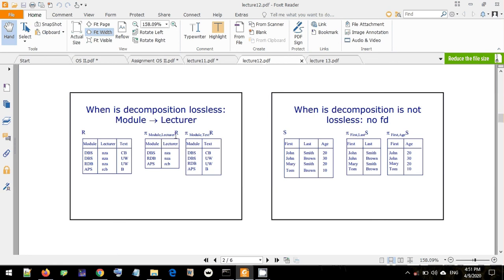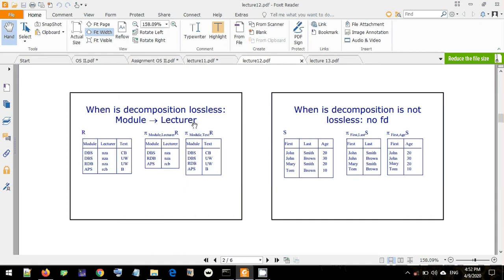Now, when we are projecting R on module and lecturer, we extract the two columns and place them out. When we perform the extraction, we notice that the very first tuples have the same data, and there is no need to repeat the data because that would be redundant. So we write it only once, that is dbs nza for module and lecturer respectively, and then we fill the rest of the tuples accordingly.